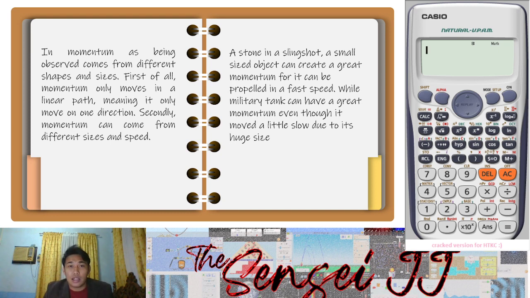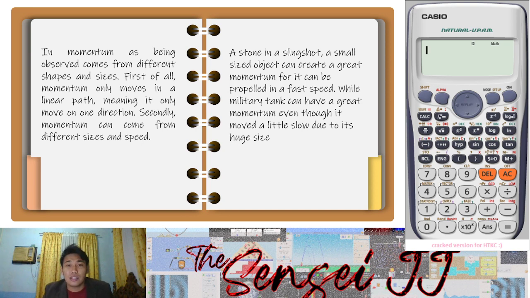Okay, so an example here is a slingshot, a small size object. If it is thrown, then it can have a great momentum, even though it is small, because the speed is incredible. So the momentum can be great as well. Okay, so another thing is a military tank. Even though they move slowly, when they move, everything that is in their way will be crushed.